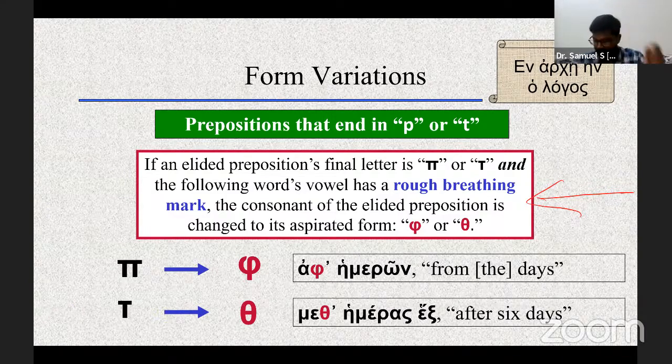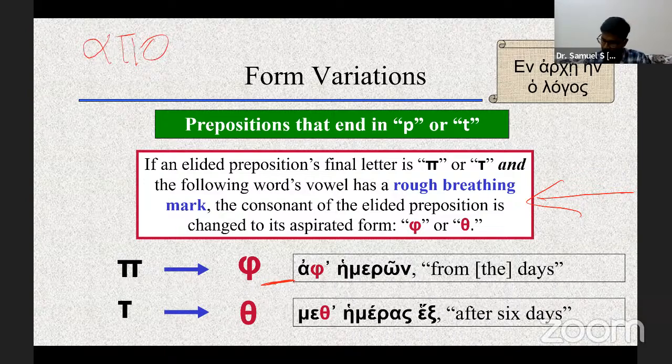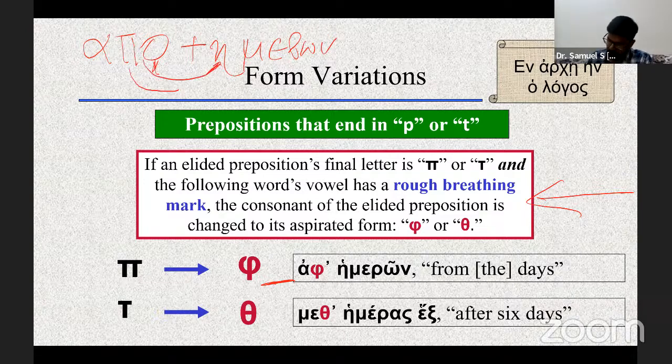What's happening here? Actually, the preposition here is apo, from, plus hemeron. What is hemera? Days. So elision is happening here. Why? Because vowel plus vowel, they're clubbing together.